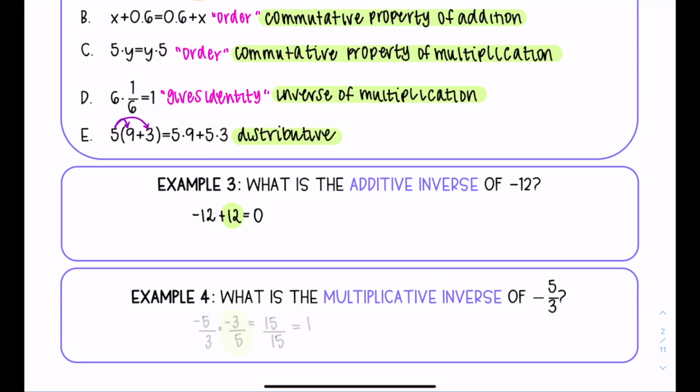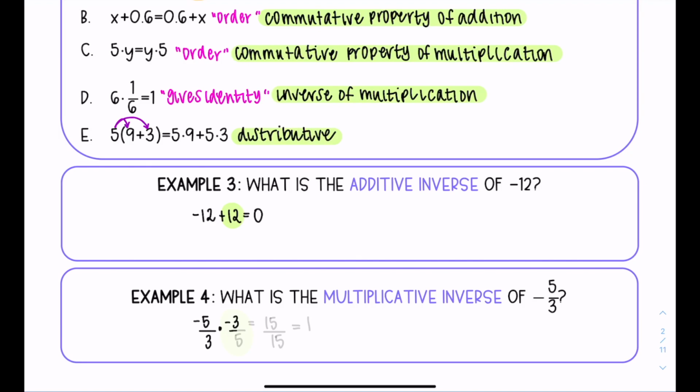What about the multiplicative inverse of negative 5/3? Again, the goal is to get to the identity. Well, the identity when we multiply is 1. So what can I multiply negative 5/3 by so that I can get 1? Well, the way the inverses work with multiplication is we use the reciprocal, which just means that I flip the fraction.